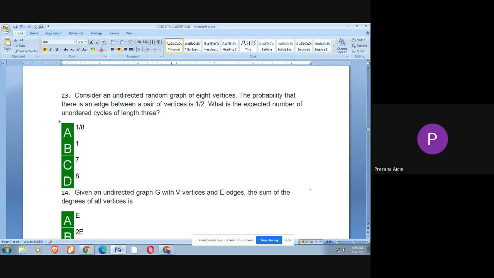The probability that there is an edge between a pair of vertices is 1/2, so 1/2 whole cube. So 8C3 into (1/2)^3. You can find the value of it.